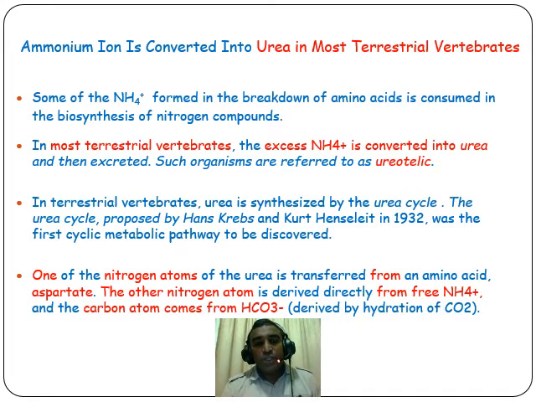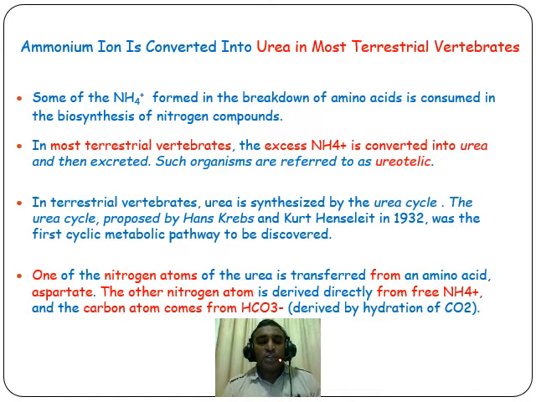When it comes to ureotelic organisms, such as mammals, humans included, they dispose of the free ammonium ion after converting it to urea, while other organisms are described in the next slide.